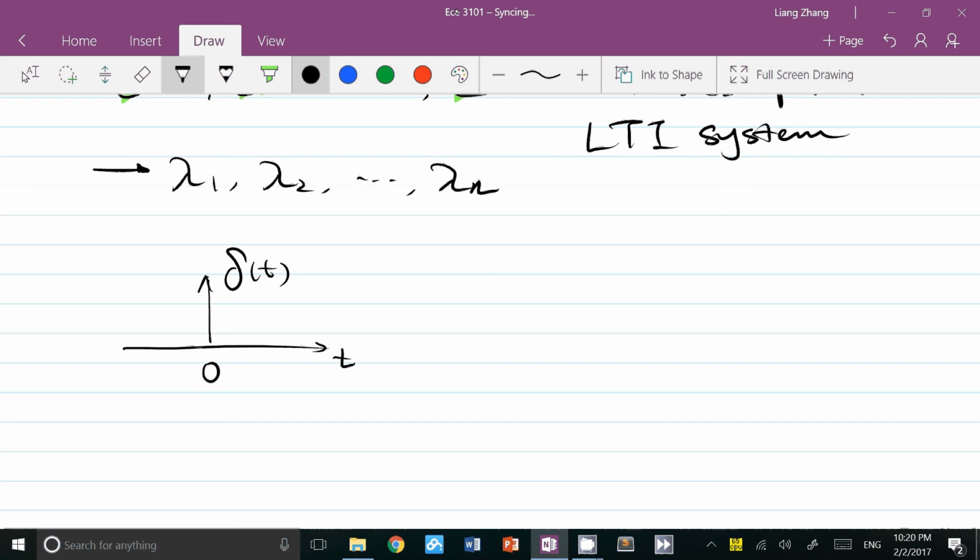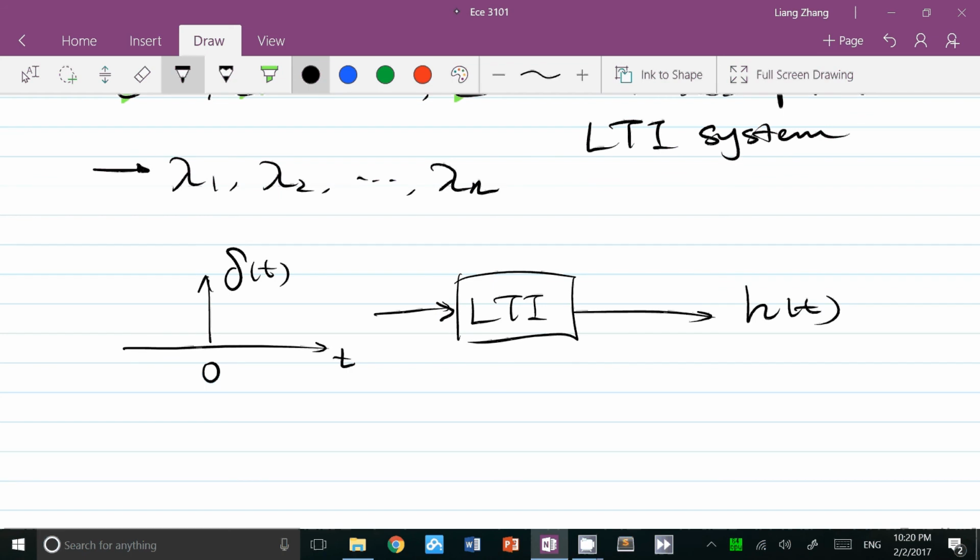Okay. And if we put this delta function through an LTI system, then the zero state response, based on our knowledge and something we discussed before, is going to be h of t. Okay. This is the unit impulse signal. This is the unit impulse response.